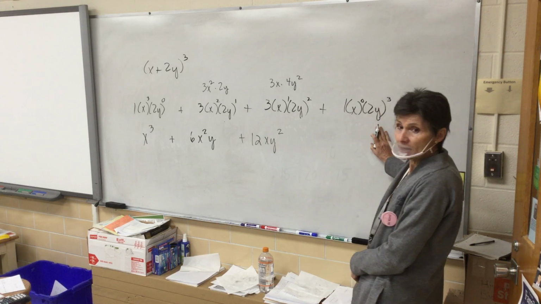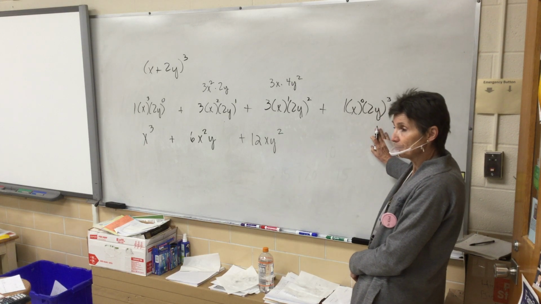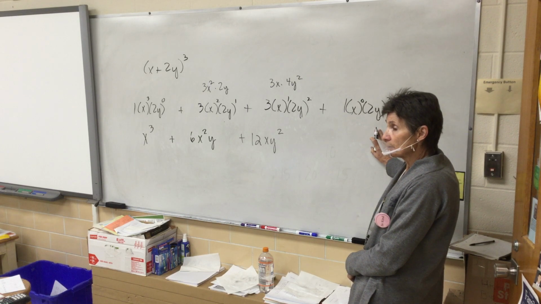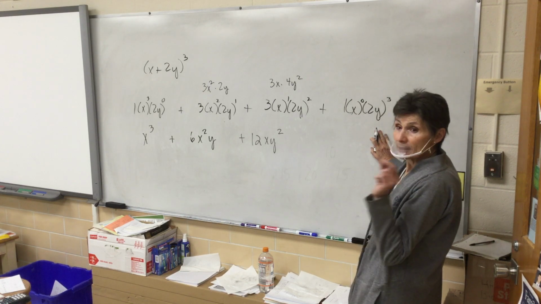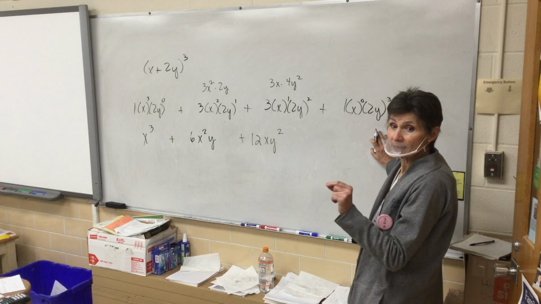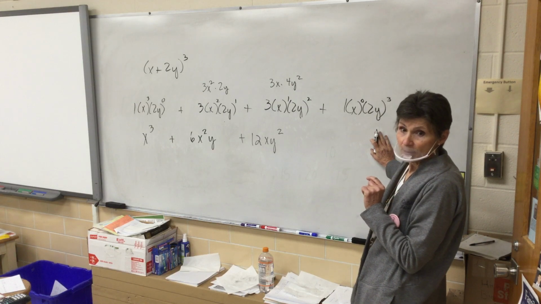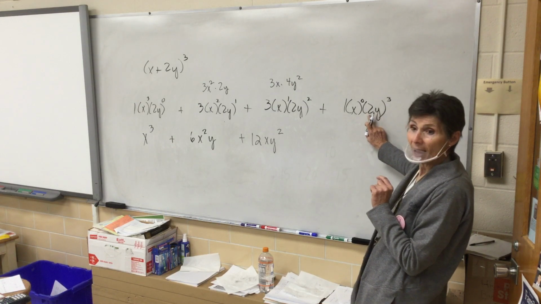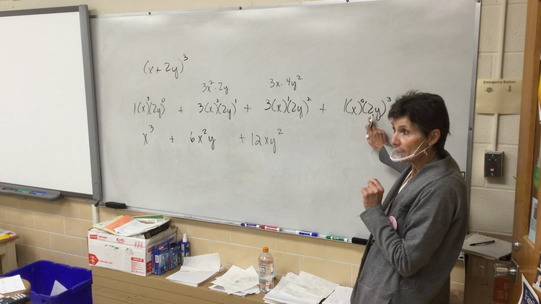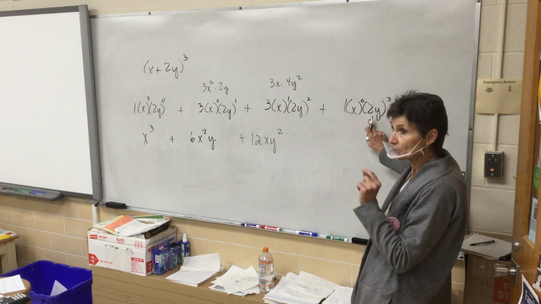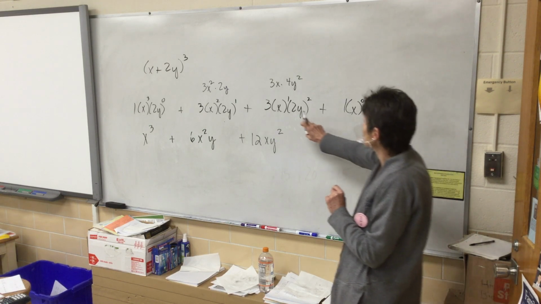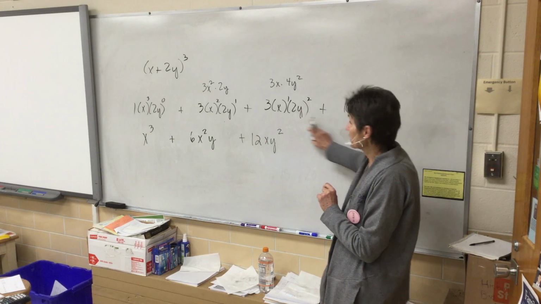And then how about on the end? What am I going to have down here? 2y to the third. Okay, it's not 2y to the third, it's 8y to the third, because when you cube, you have to cube everything, the 2 and the y. Just like here, we squared the 2. You got to cube it.